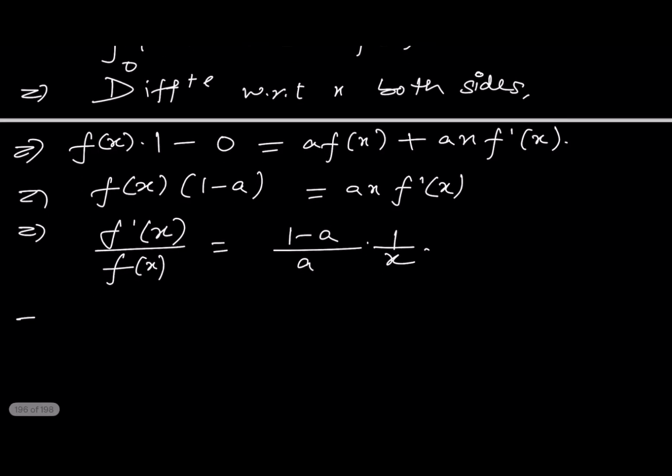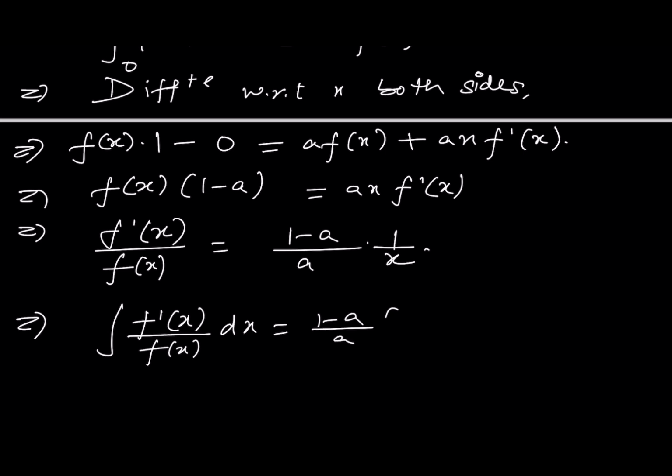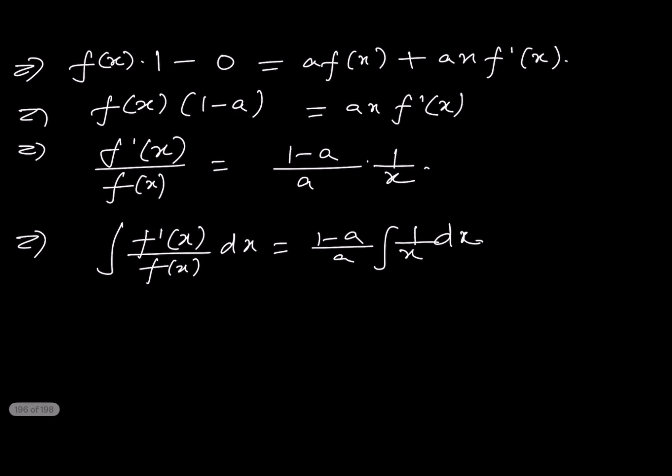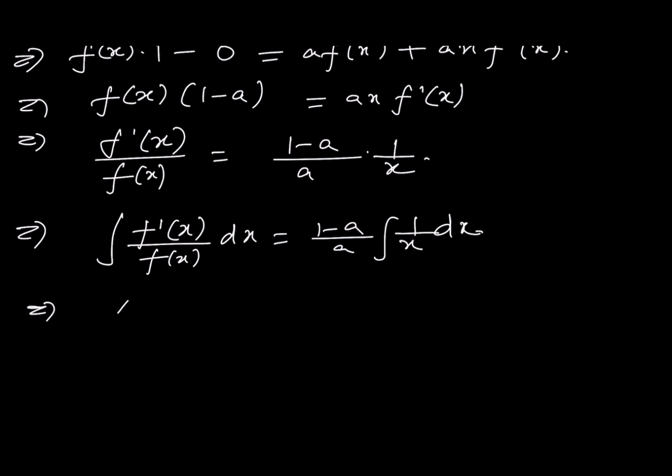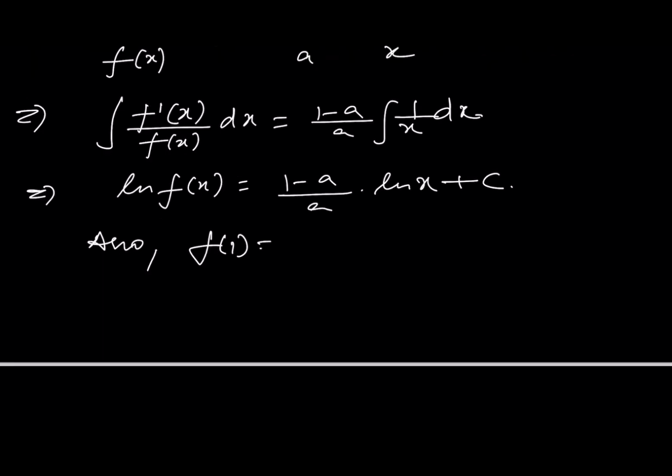Now, if I integrate both sides with respect to x, you know very well the integral of f dash x by f x is ln f x. So this is ln f x and in RHS it will be ln x plus some c, and also f of 1 is equal to 1.